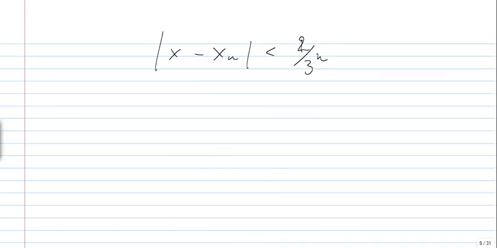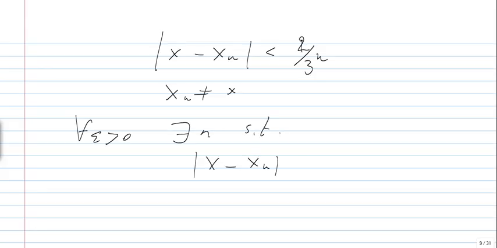That's the maximum we can get anyway, the 2. And again, x_n is different from x. So for every epsilon, there exists an n such that x minus x_n will be less than epsilon. It's enough to take n large enough to have 2 over 3 to the power n less than epsilon.